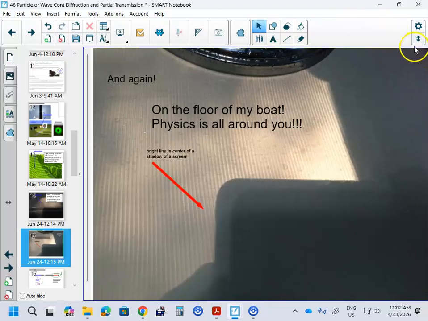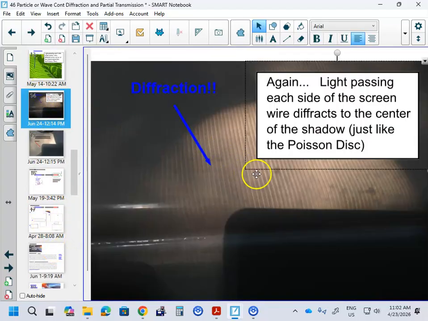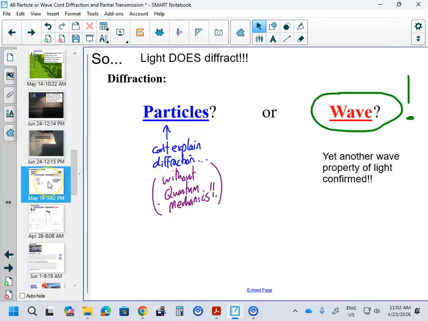This one I believe was in my old house, and there was a spot from a mirror on a car, the curved back shiny part of a mirror, which was a bright light source, and this is a shadow on the wall in the room that had a screen on the window. So diffraction. Particles are not much of an explanation, not without quantum mechanics, as it turns out.